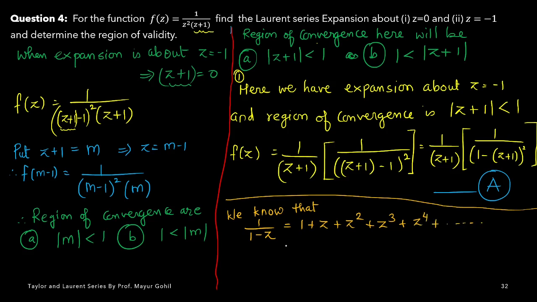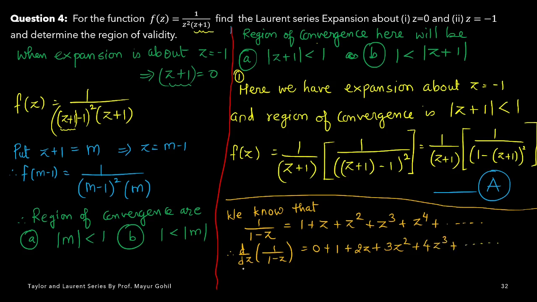Now what is the derivative? d by dz of 1 upon 1 minus z. Take the derivative on the RHS also. Then z derivative is 1, the next derivative is 2z, the next is 3z square, the next is 4z cube, and so on.